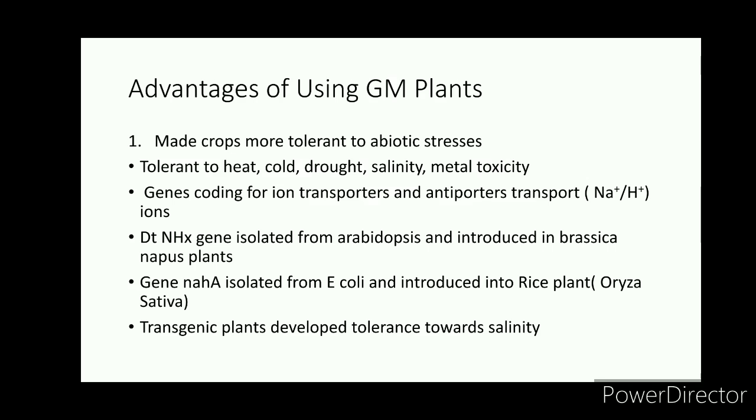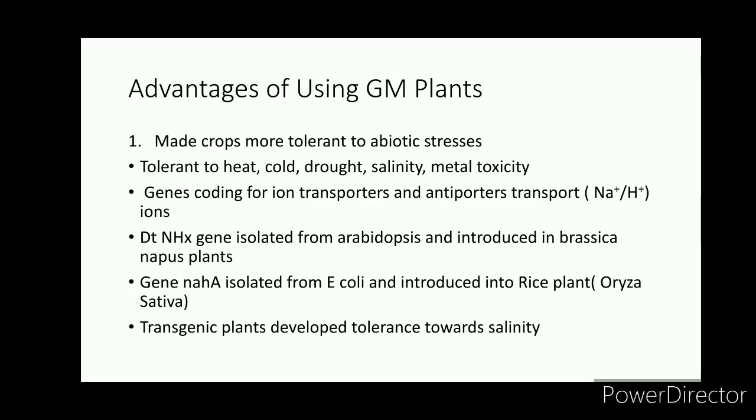So in this example, Arabidopsis contains the DTNHX gene which is having antiporter genes which are going to transport sodium and hydrogen ions, and it has a capacity to maintain the cellular concentration. So isolating this gene from Arabidopsis, it is introduced in Brassica napus plants.